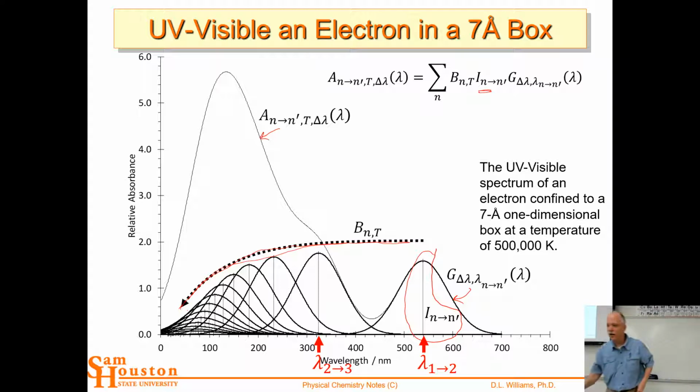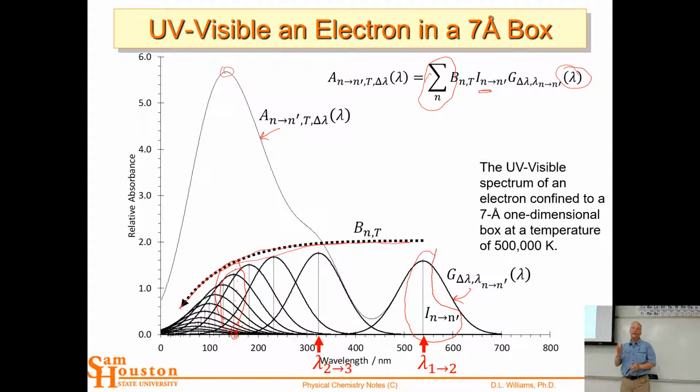Now, why does the absorption peak here not go down like these peaks do? It goes up. Well, look, this whole thing is a summation over wavelength. And so sitting at this wavelength right here, I get the summation of every one of these curves. And they all add up. And so right there at this maximum, I'm getting the summed intensity of all of these curves on top of each other.